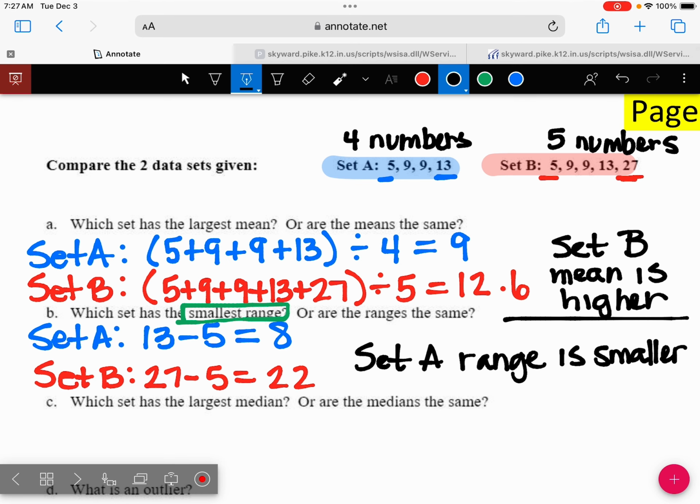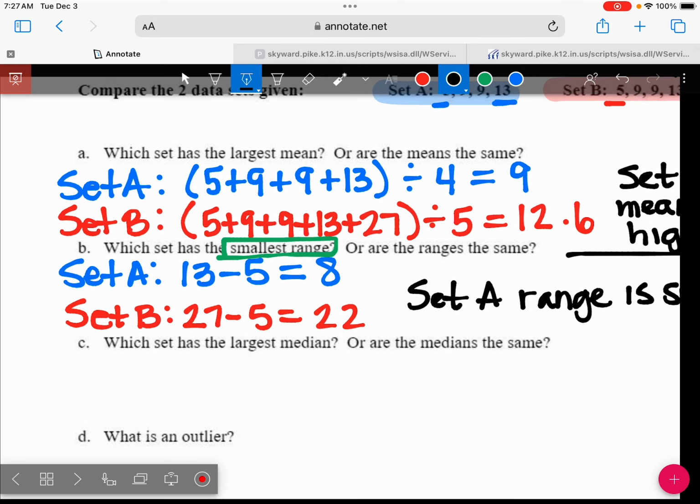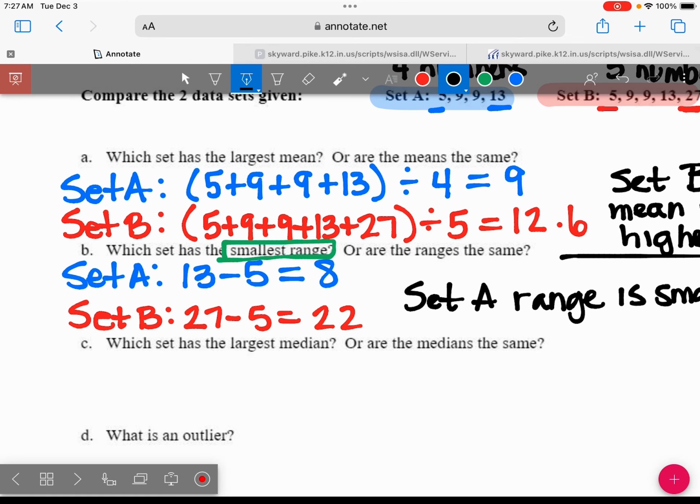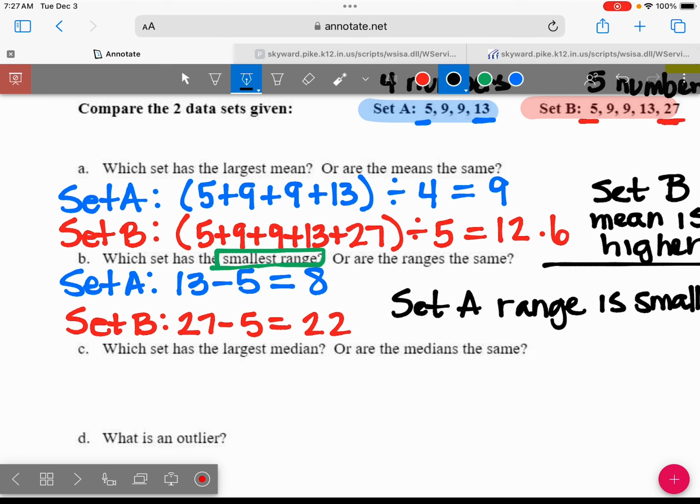All right, and now we're going to do the median. Now, both of these are already in order, so we don't need to rewrite it, but the median of set A, well, I'll just rewrite it anyway. So these are my numbers, 5, 9, 9, 13. So we have two numbers in the middle.